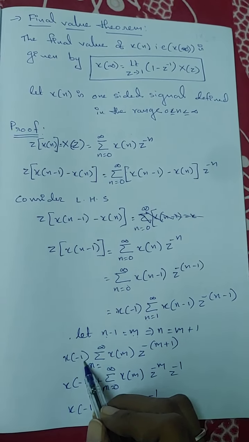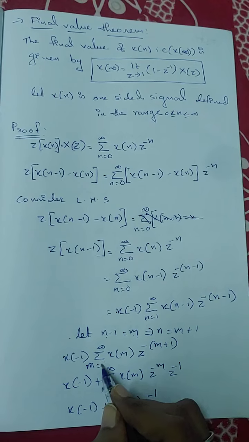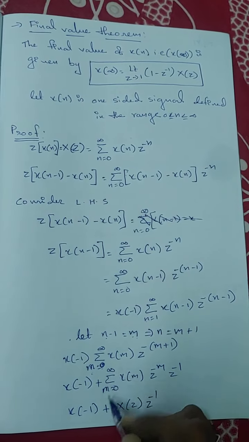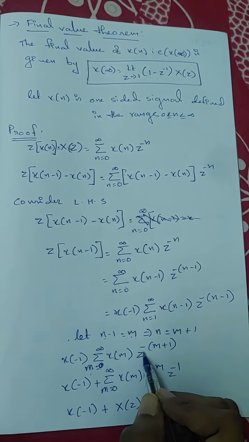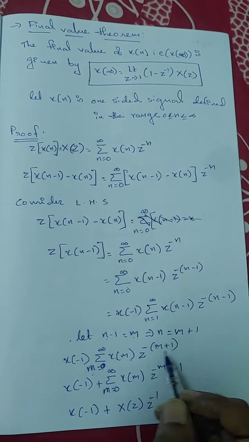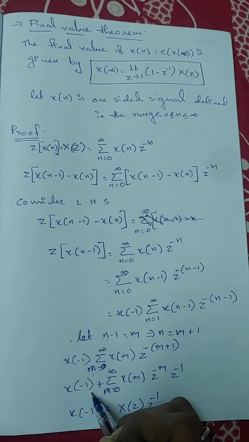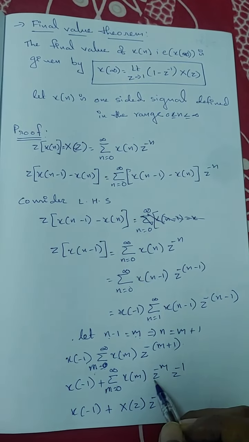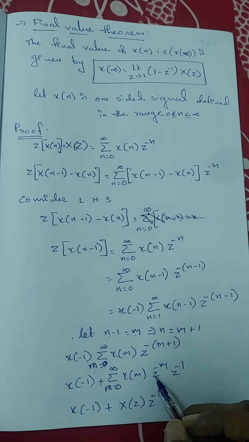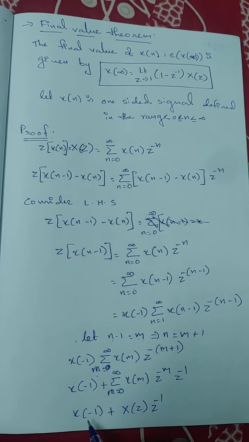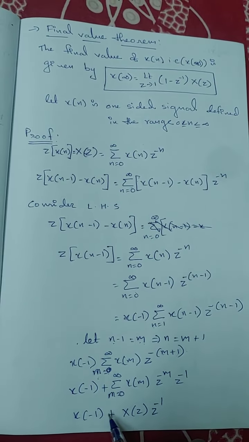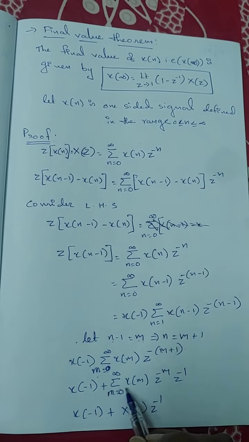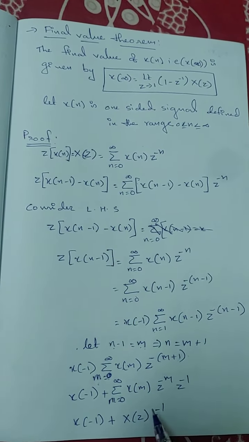When the variable changes you have to change the limits as well, so the limits are 0 to infinity: x of minus 1 plus summation m equals 0 to infinity x of m z power minus of m plus 1. We separate z power minus m into z power minus 1. Now you get x of minus 1 plus z power minus 1 times summation m equals 0 to infinity x of m z power minus m, so it is in the form of the Z transform equation, that is X of z into z power minus 1.